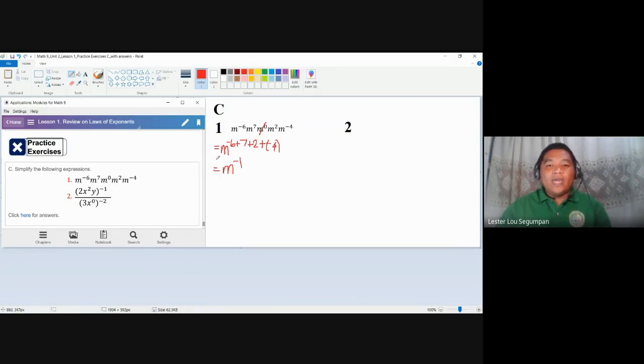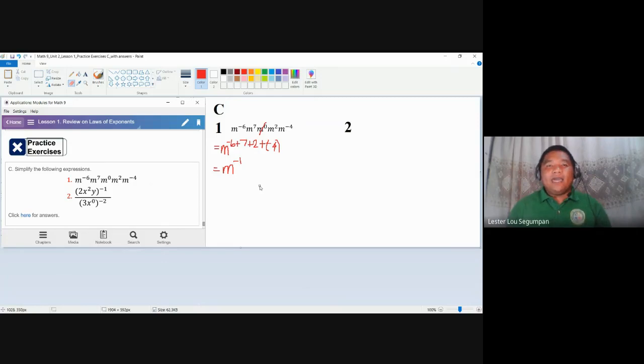Now, we have here a negative exponent. In mathematics, we don't necessarily stay with negative exponents because it's not stable. But when you say not stable, take note that the exponent is a signal of how many times the base is multiplied to itself.